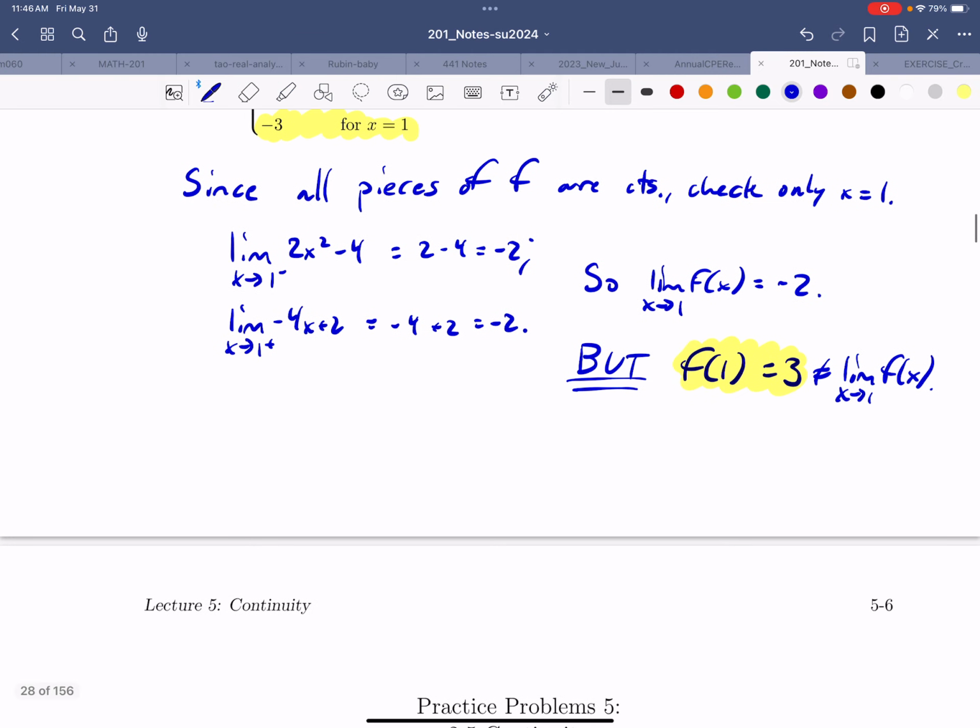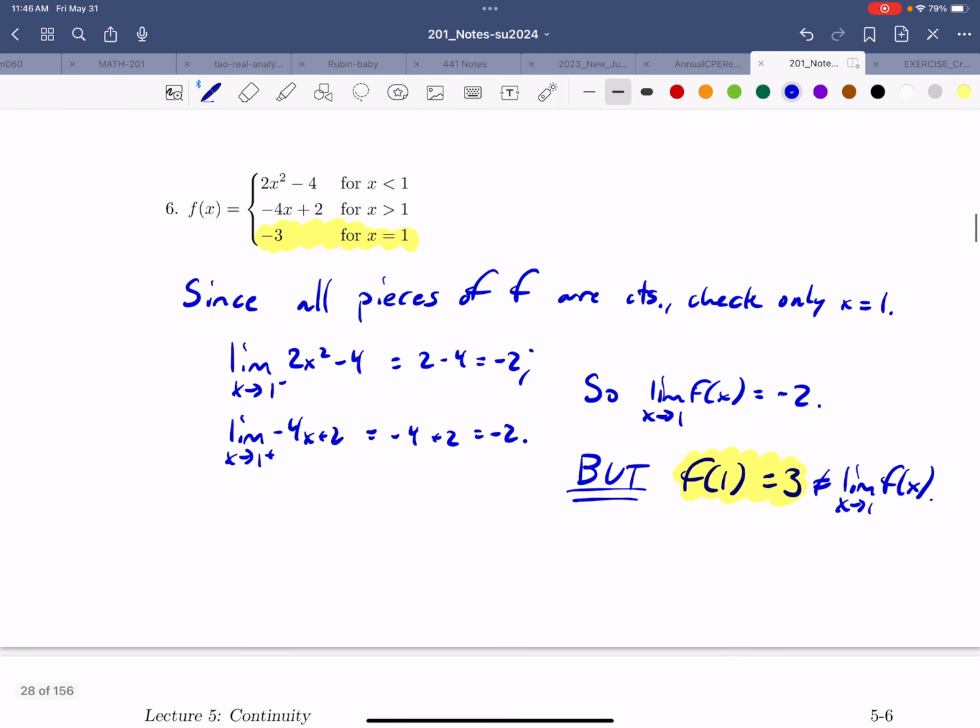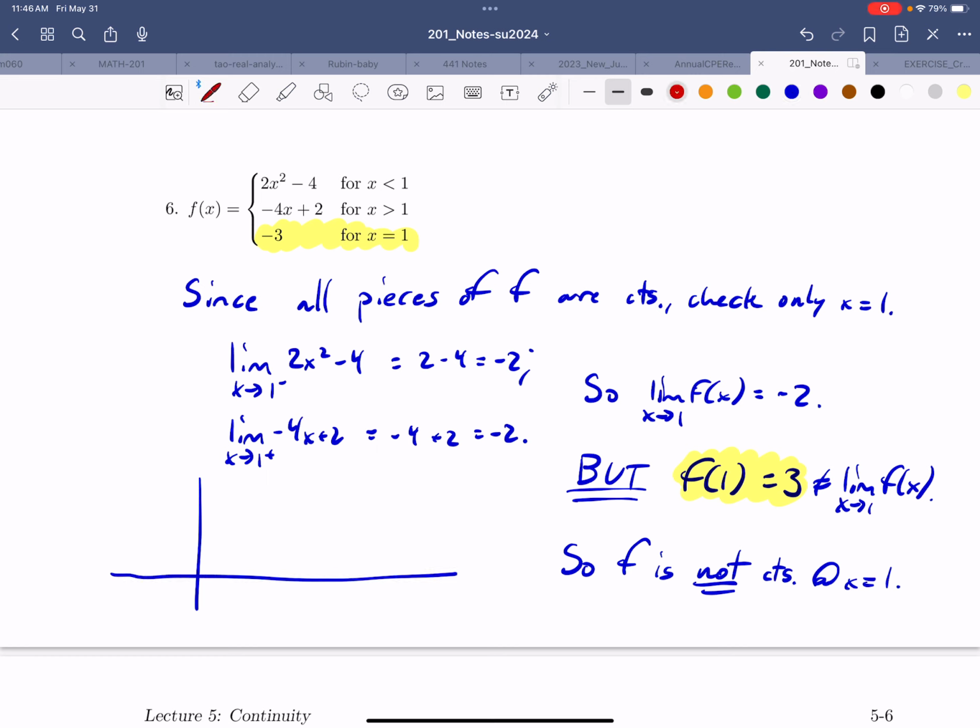Even if the limit exists, that does not guarantee that you have a continuous function. So f is not continuous at x equals 1. Well, let's see why not. Let's see what kind of discontinuity this might be. Okay, it looks like we've got a problem at 1.